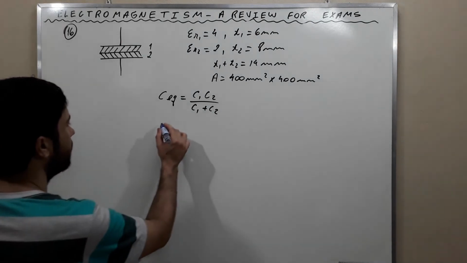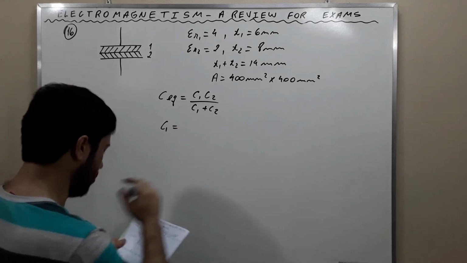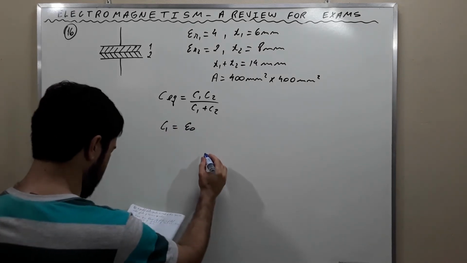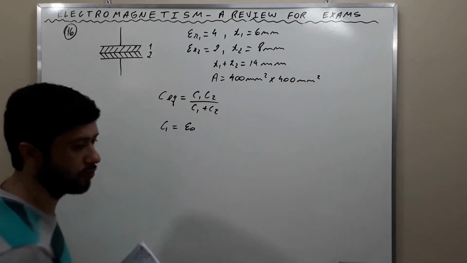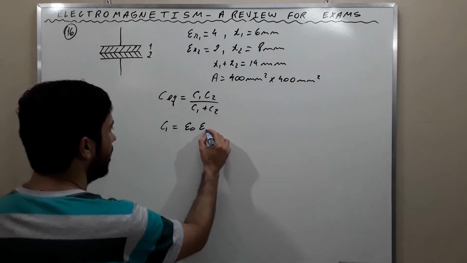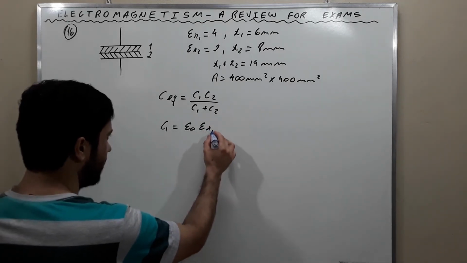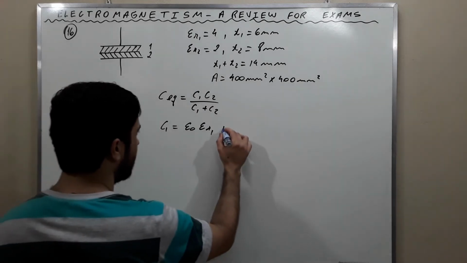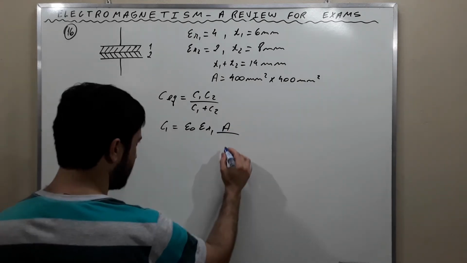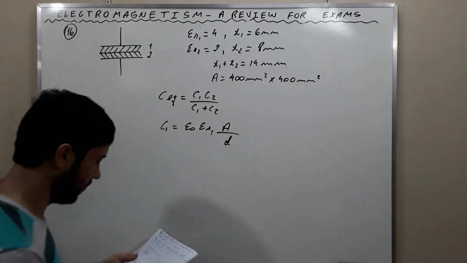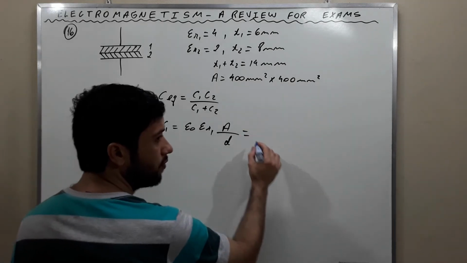And the capacitance C1 is equal to the permittivity of free space times the relative permittivity of dielectric 1 times the area divided by the separation, or their thickness.